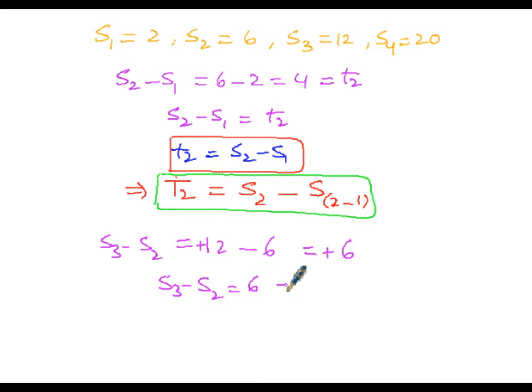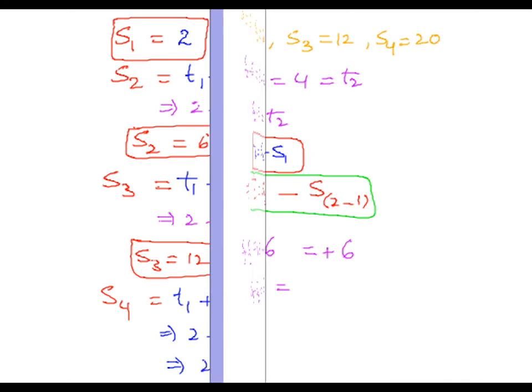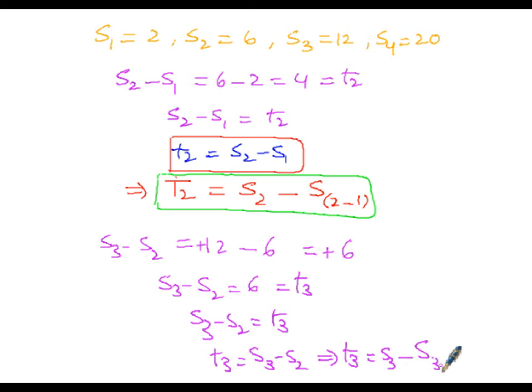But positive 6, as per the sequence, is the third term. So S3 minus S2 equals the third term. In other words, by shuffling LHS and RHS, the third term can be written as S3 minus S2. So T3 equals S3 minus S(3 minus 1).